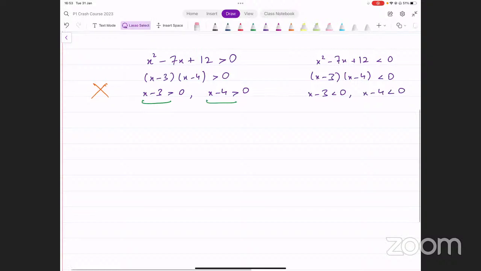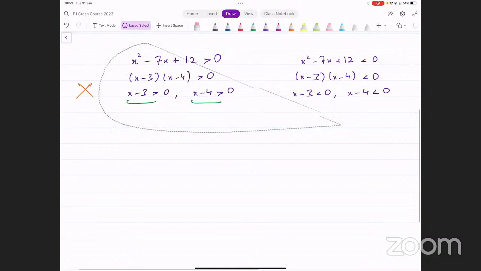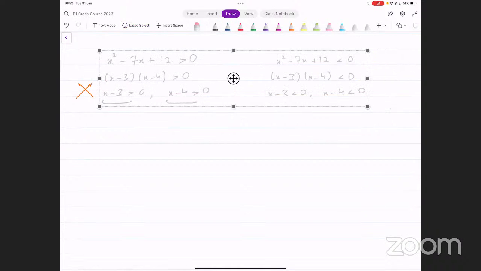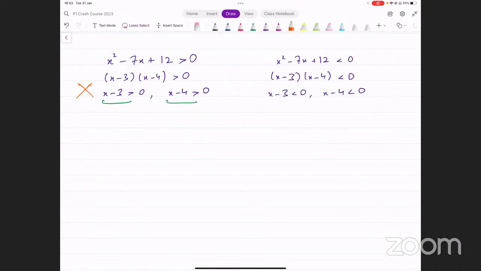Again, similar reasoning. If you multiply two numbers and the result is supposed to be negative, it does not mean that both have to be negative, because if both were negative, the result would turn out to be positive. Only one of them can be negative and the other has to be positive. Then you get a negative, less than 0 result at the end.